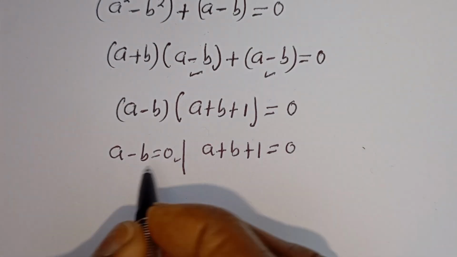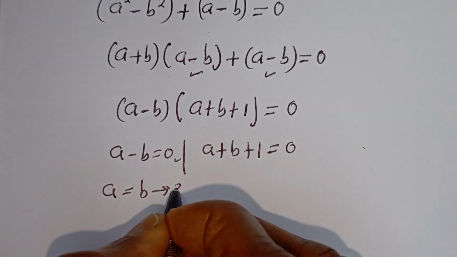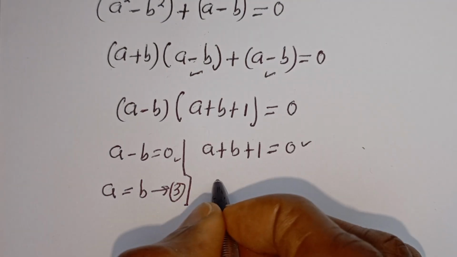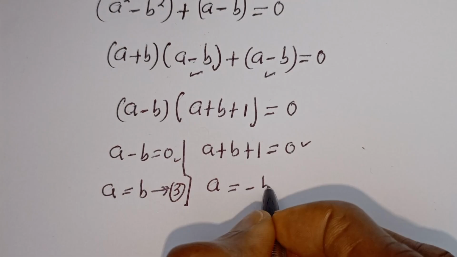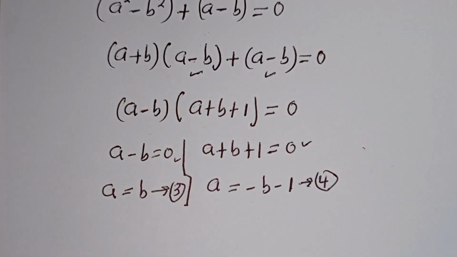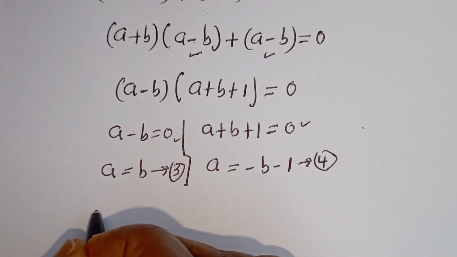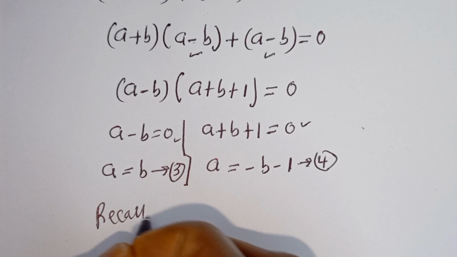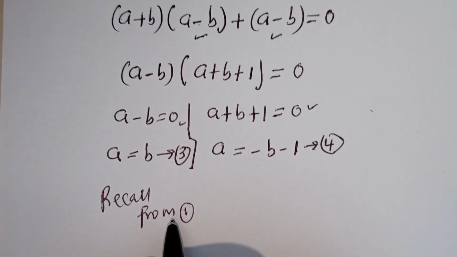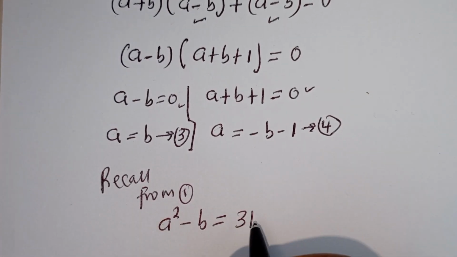Then from this first case, a is equal to b. We can call this equation 3. And from this second case, a is equal to minus b minus 1. Let's call this equation 4. Recall that from equation 1, we have a squared minus b is equal to 31.